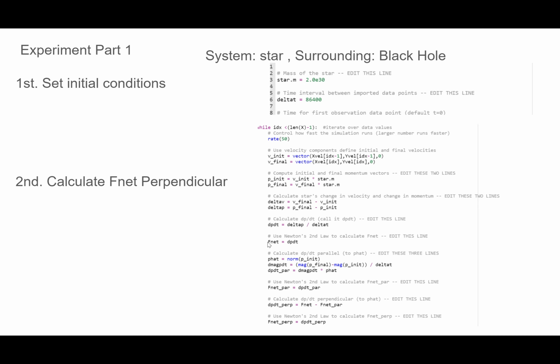Here you can see we solve for F net using the change in momentum, and then we proceed to solve for F net parallel, and we know that F net perpendicular will be equal to F net minus F net parallel.